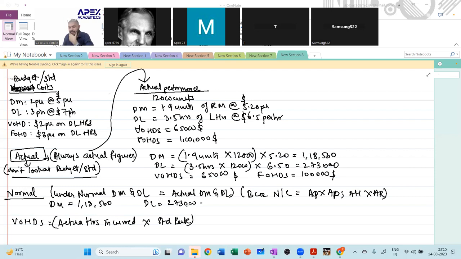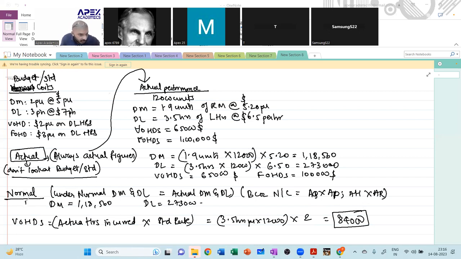So what are the actual hours that you have incurred? 3.5 hours per unit for 12,000 units at the standard variable rate of 2. So this comes to 3.5 multiplied by 12,000 multiplied by 2, which comes to 84,000. Now this is where I made a mistake while teaching you. No shame in admitting my mistake. At least you will not repeat that mistake.